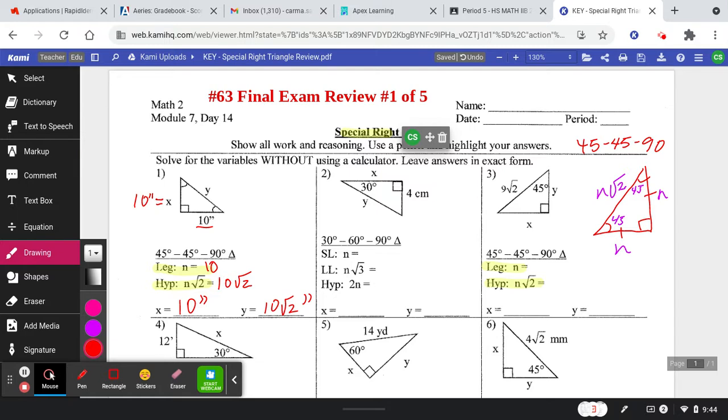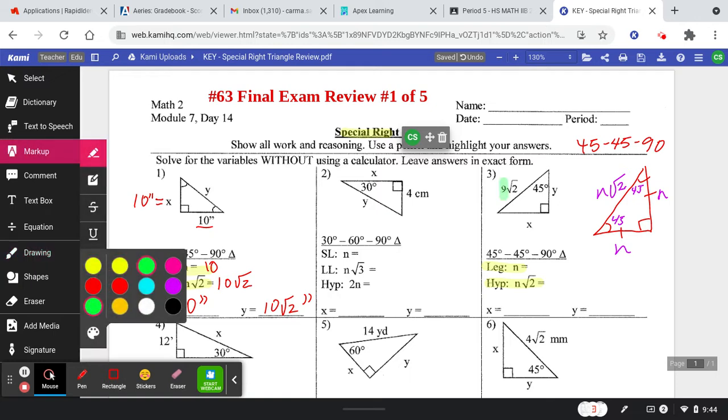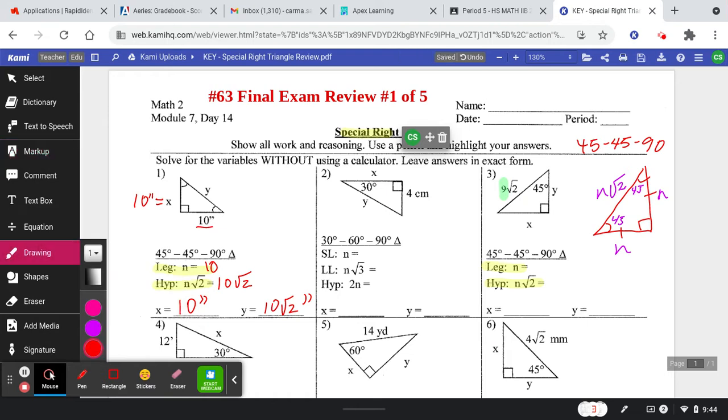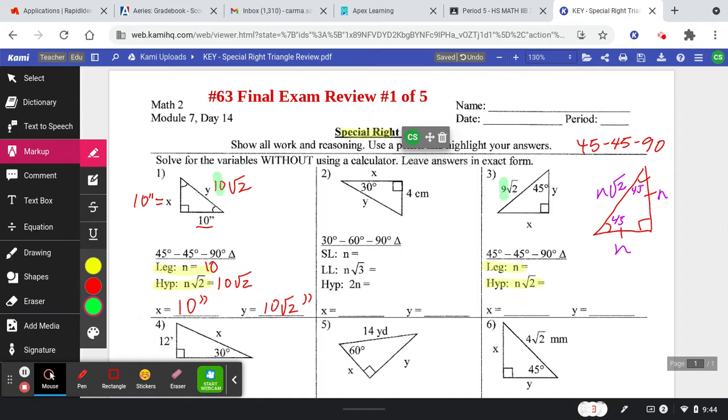Okay, I'm going to jump to number 3 now. This time they're asking for x and y when given this side length of the hypotenuse as 9 root 2. Now over here, if our side length was 10 root 2, you could see that this 10 matched this 10 and this 10. So over here they gave us the 9 root 2.